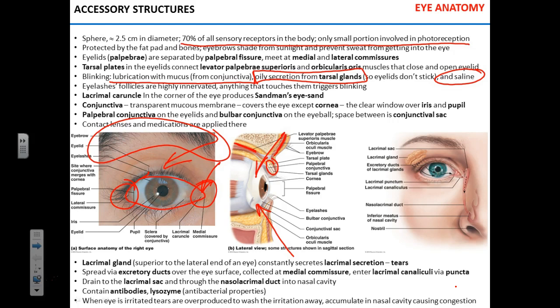So going back to conjunctiva. The layer of conjunctiva, you can see it's transparent right here in the picture. It covers the anterior portion of the eye and the inner portion of the eyelids. The space on the eye that is not covered by conjunctiva is essentially the cornea.